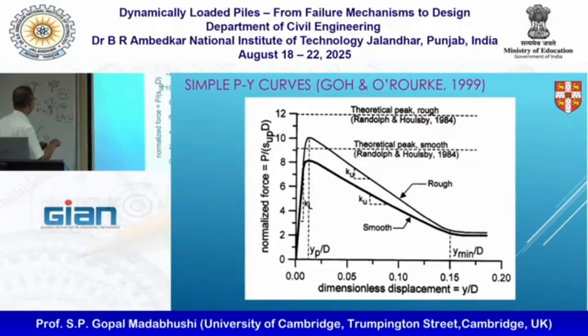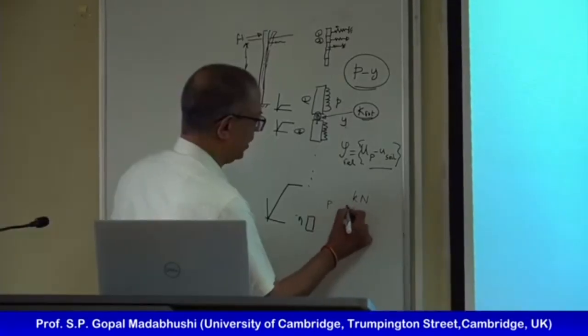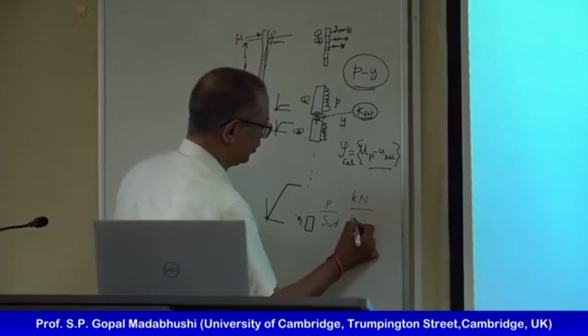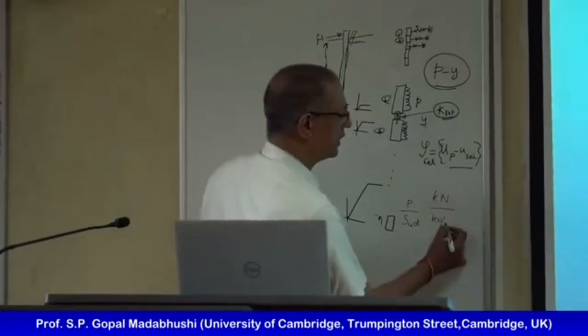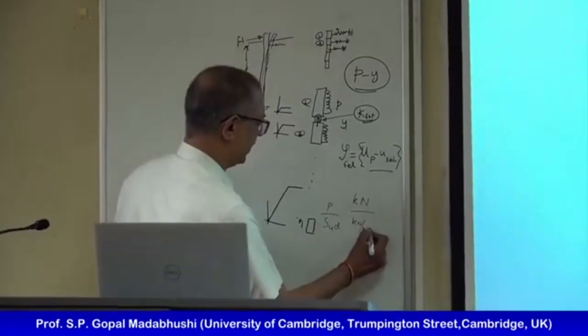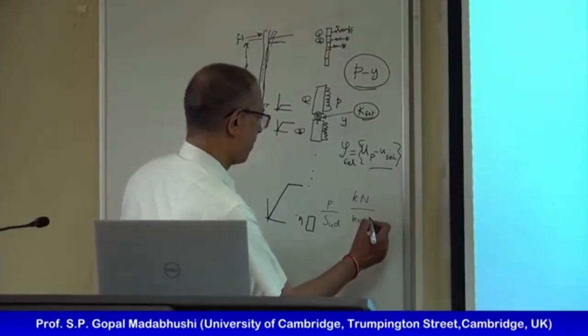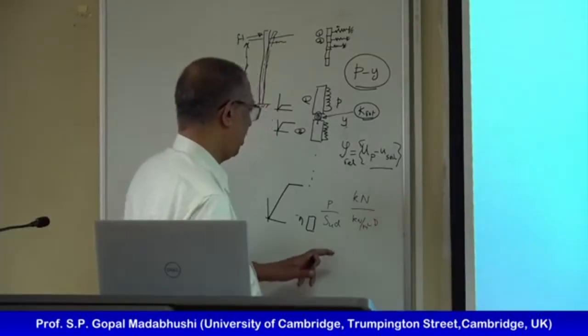Let's just check that. P is kilonewtons over SUD. SU should be kilonewtons per meter squared, kPa, right? And D is the diameter.